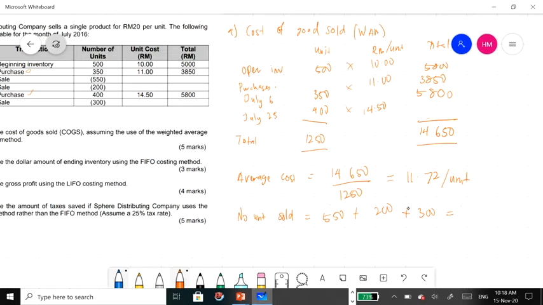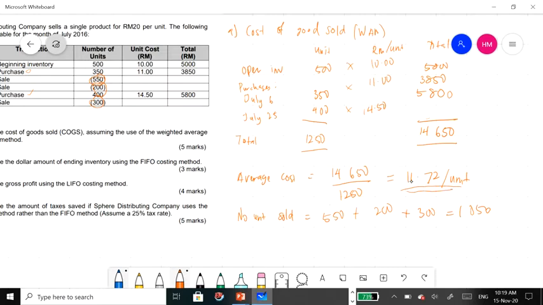So 1,050. Macam mana kita dapat 550? Ni ambil yang sales ni. 550, 200 and 300. Number of units sold. Sekarang kita kan dah tahu dah.